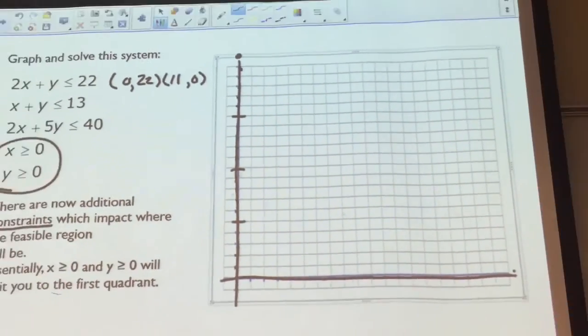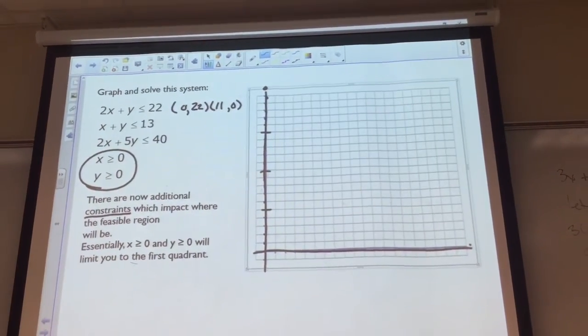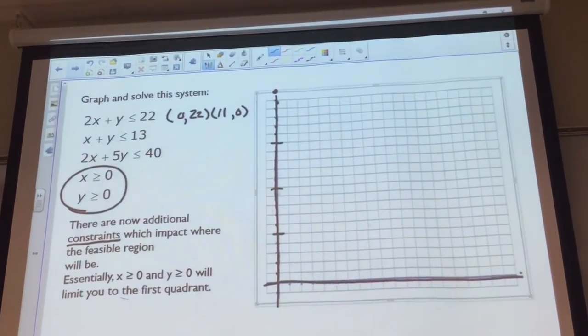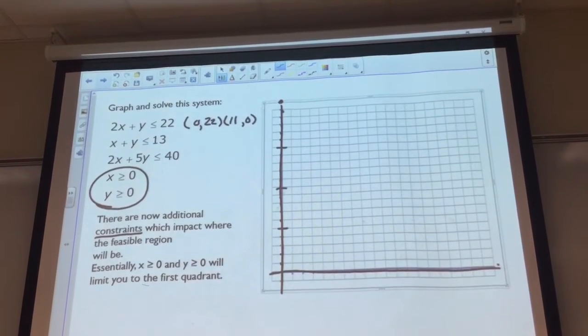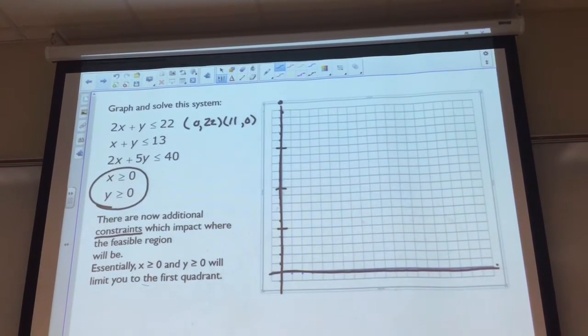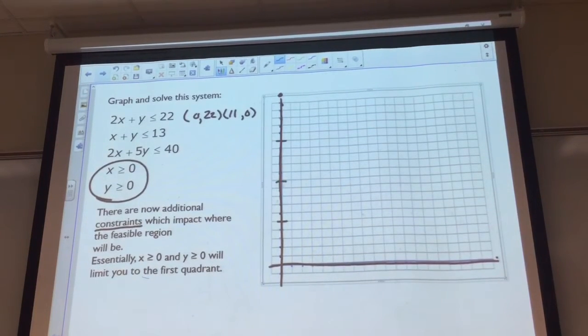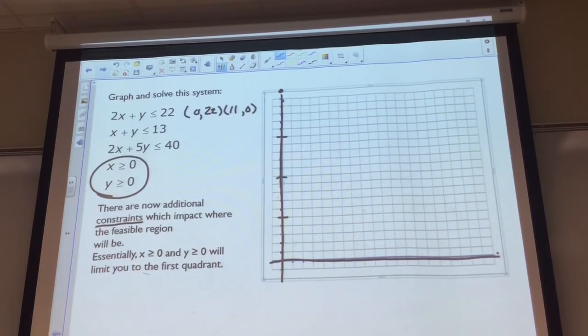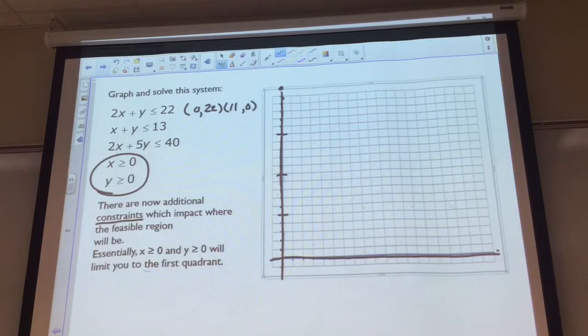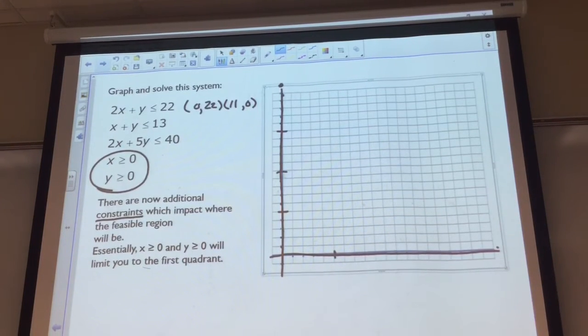But if you have a workbook page that's like this, you want to pick a scale that's going to allow the graph to fit inside the graph. Problem is that on many of the practical application graphs, you need a big graph because you get lots of weird situations. And now 11. 1, 2, 3, 4, 5, 6, 7, 8, 9, 10. So there's 11.